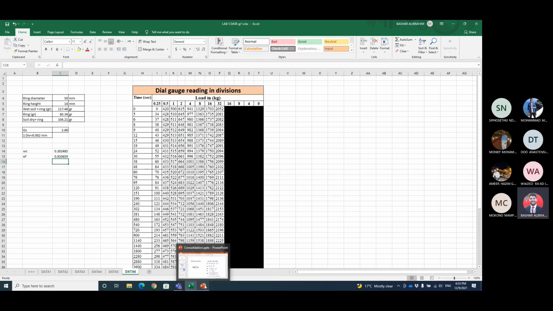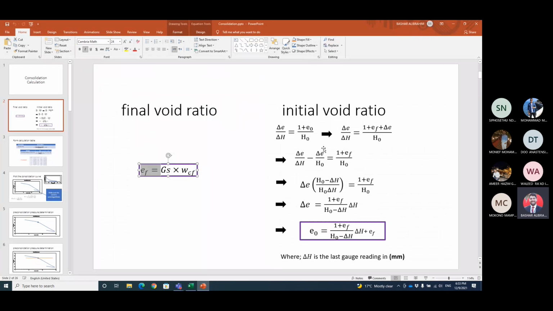Now I need to find the initial void ratio. So for the initial void ratio, first we know that delta E, it is not even like this. Usually it starts like this. So the equation in your textbook is, let me modify it quickly.